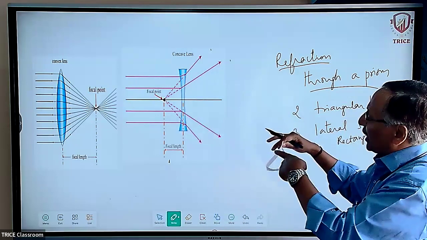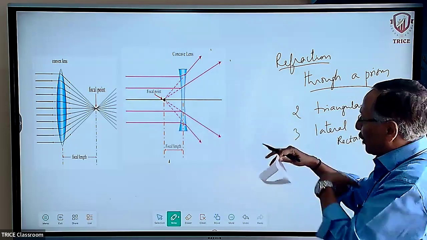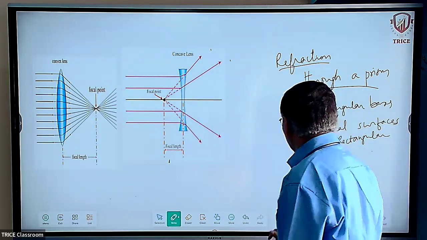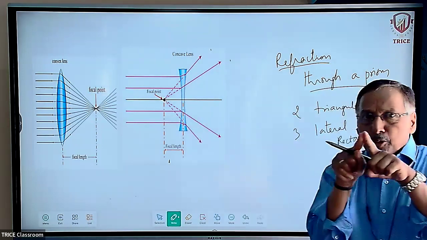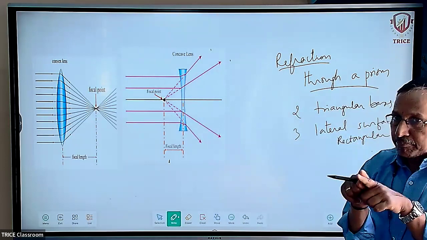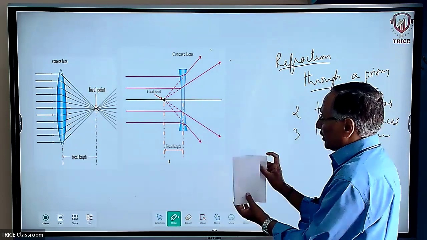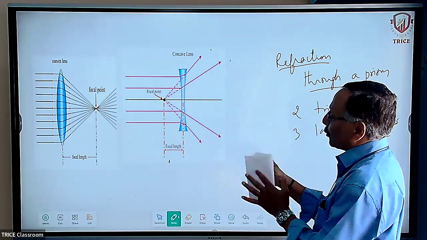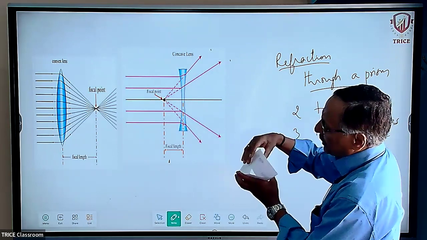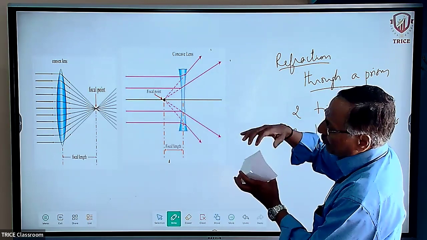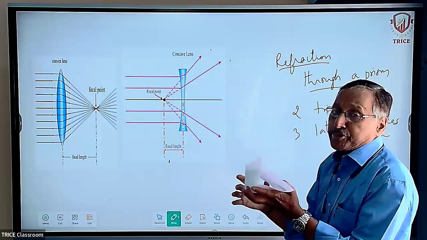You will get light getting refracted from the other side. The angle between two lateral surfaces we call the angle of the prism.